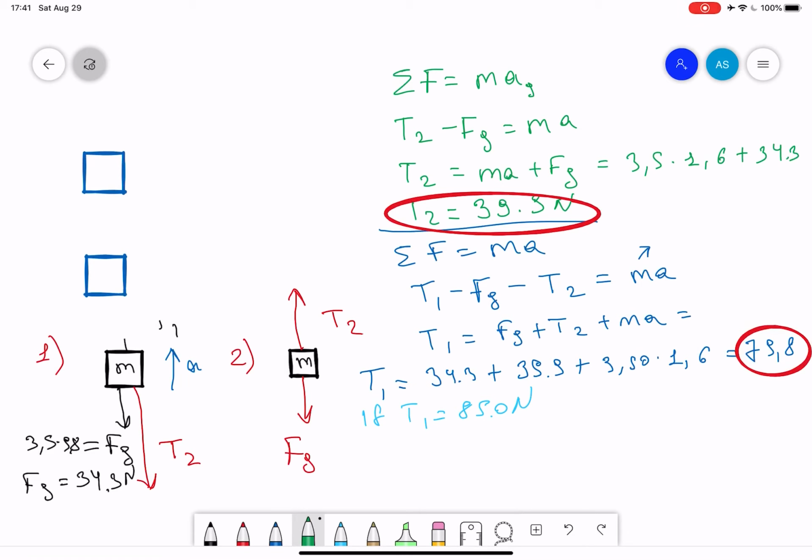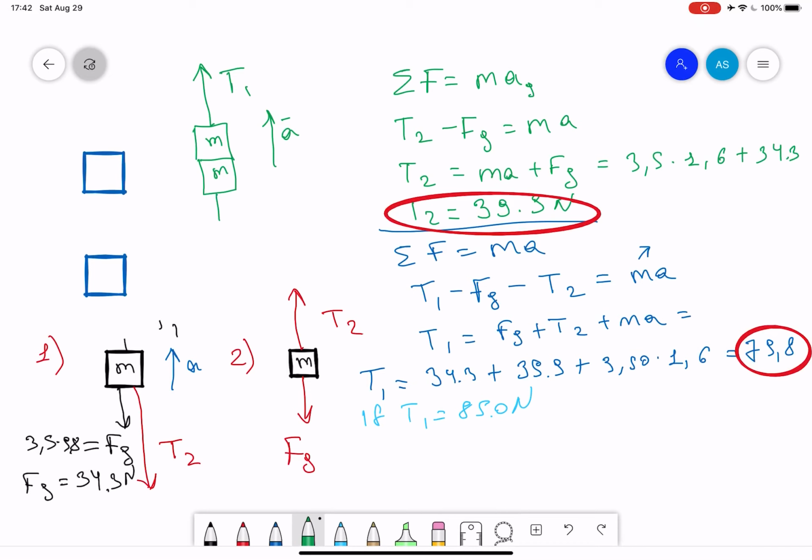So say that we have this box and that box. That means we will have a tension here, tension 1. We have to find tension 1, and both of them are moving with an acceleration upwards, right?